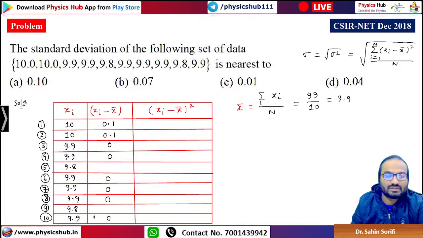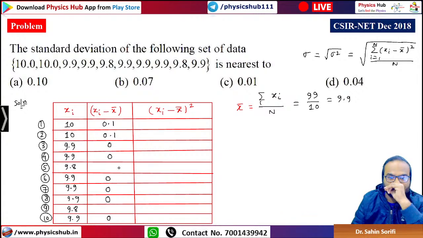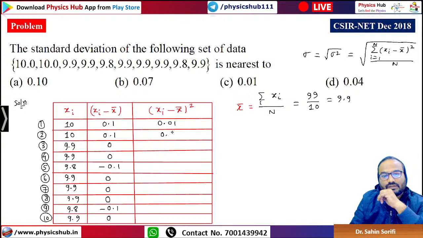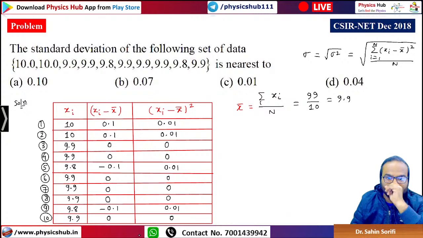So what you are left with? 9.8, so minus 0.1. Square. So this is 0.01, 0.01, 0 is 0. This is 0.01 with a plus, 0.01. So total you can see 0.04.